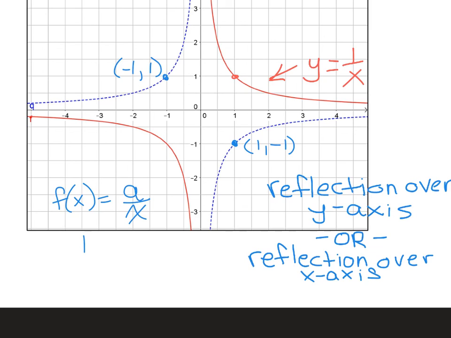So my output is +1 when my input is -1. So my a is -1 times +1. Therefore, this reflection of our parent is going to be y equals -1 over x. So it's exactly what you would expect, what we've seen with every other function this year: when that a turns negative, that also means a reflection.